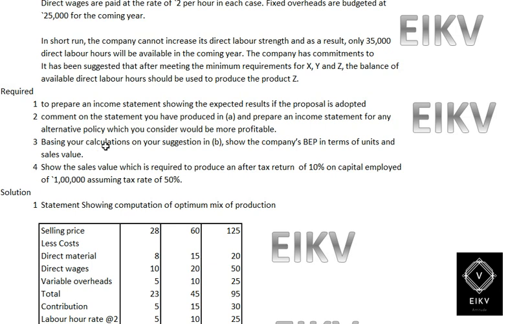Requirement 3: basing your calculation on your suggestion of requirement 2, show the company's BEP in terms of units and sales value. Requirement 4: show the sales required to produce profit after tax of 10% of capital employed and 1 lakh, assuming tax rate is 50%.